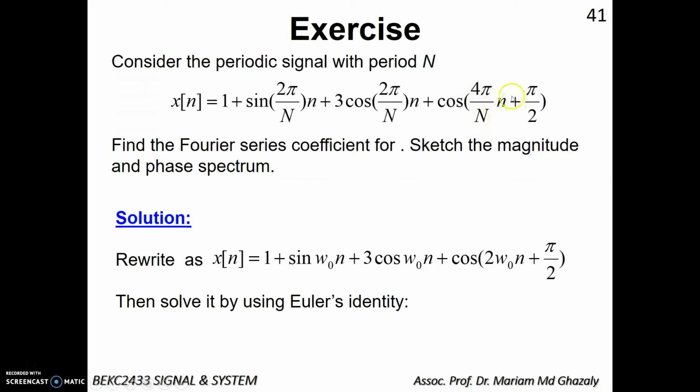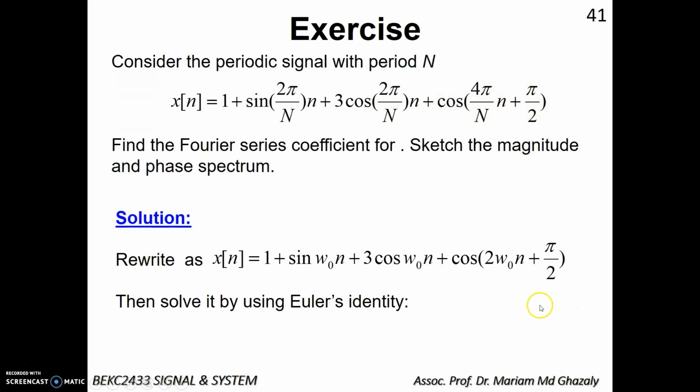So what it means here is that you need to expand this equation so that you have 2 pi over N, so that you have 2 times 2 pi over N plus pi over 2. So this one will be 2 omega n. If you expand it, it becomes 1 plus sine omega n plus 3 cos omega n plus cos 2 omega n plus pi over 2.